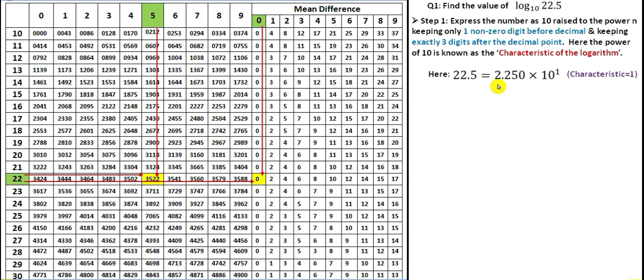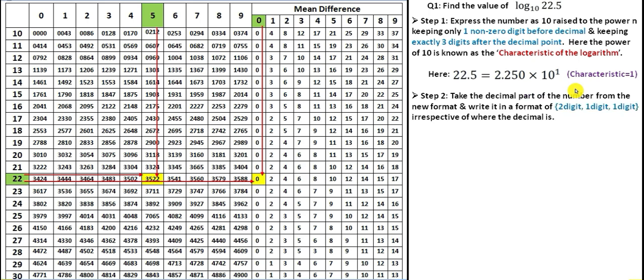After converting, you have to check that the two values must be the same. 22.5 and this expression must have the exact same value, only then it is correct. Whatever value you get here as the power of 10 is known as the characteristic of the logarithm. So here our characteristic is 1, because we are getting 10 to the power 1.